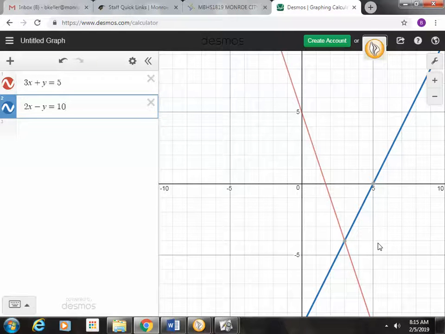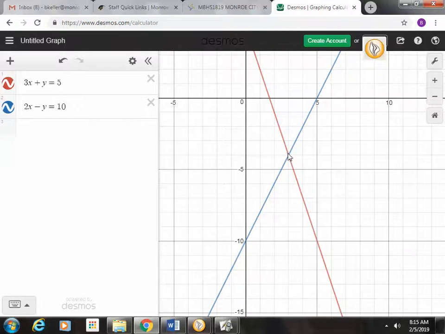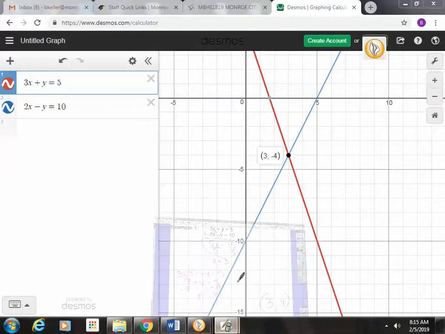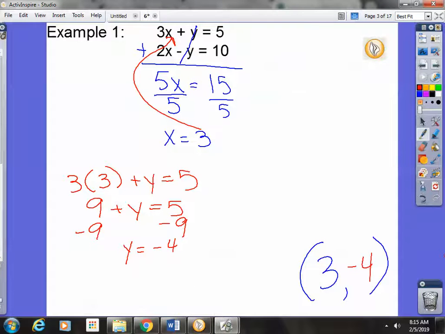So I've got these 2 equations graphed here on my coordinate plane. The point of intersection is right there, 3, negative 4, which is also what we got when we used elimination. So just a quick and easy way to check ourselves, just like we did previously. 3, -4 is our solution.